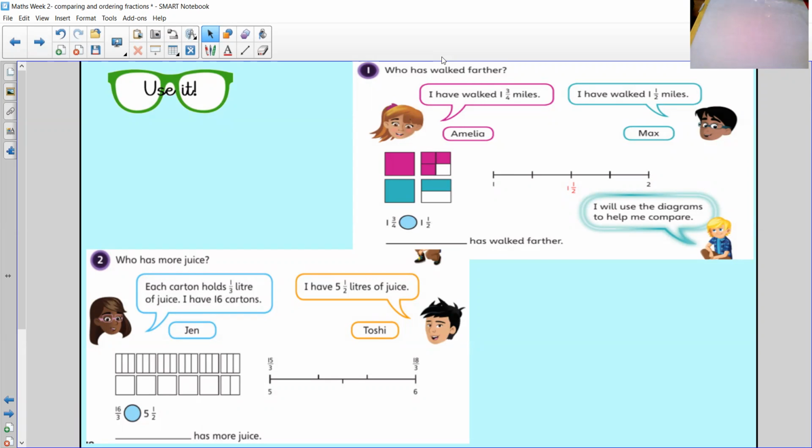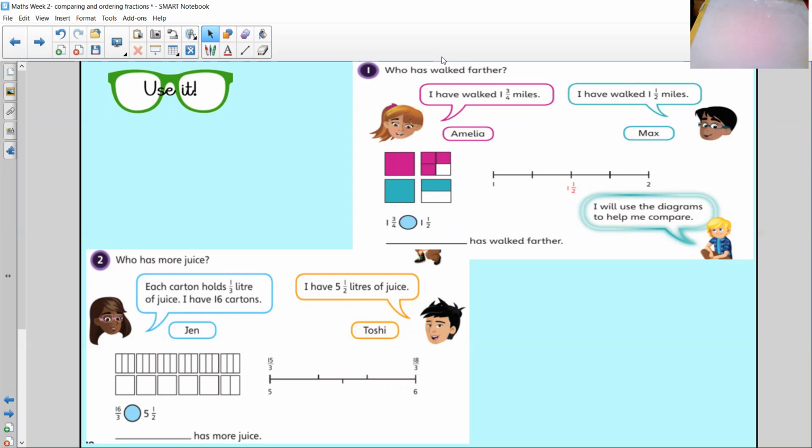If you did it a different way, or you didn't use the diagrams there, can you just write a little explanation underneath about how you did it, the knowledge that you used? Because I know that you have got some great strategies now to use when working with fractions. So use them. If you think that there's a quicker way that you could do this, or a more efficient method, then use it. Okay, ignore the diagrams if you don't need them, but if you do need them, they are there to help you.